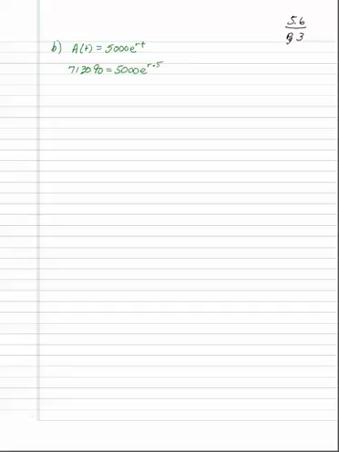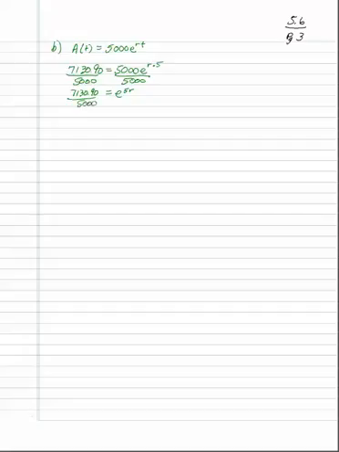So we've got to solve this. We're going to divide by 5,000 because we want to get the exponential by itself. So we get e to the 5r equals whatever that number is. I'm just going to write it like this.